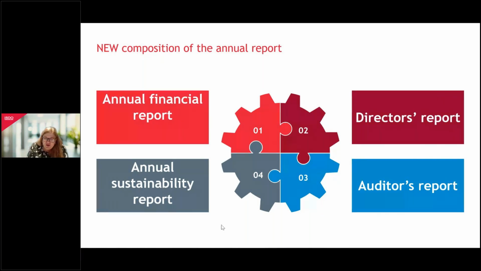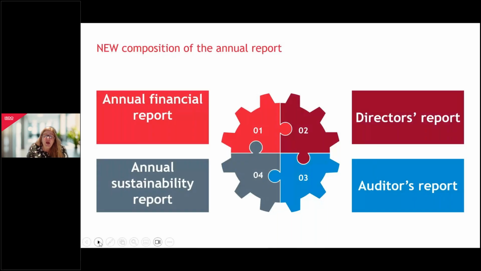So it's quite far-reaching. This annual sustainability report that's been introduced has to be S2. So in AASB S1 is only voluntary, but this annual sustainability report will mandatorily have to comply with AASB S2.